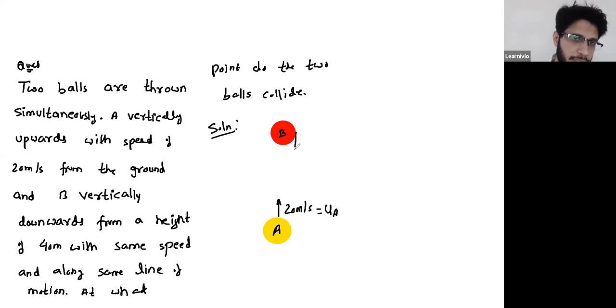So that means B is thrown downwards with a velocity. Since this is downwards, we'll take this as negative, minus 20 meters per second. They are thrown simultaneously, means that if he throws ball A and B at t equal to 0, they collide somewhere. Let's say they collide at this point somewhere.